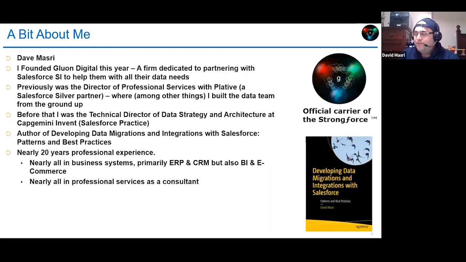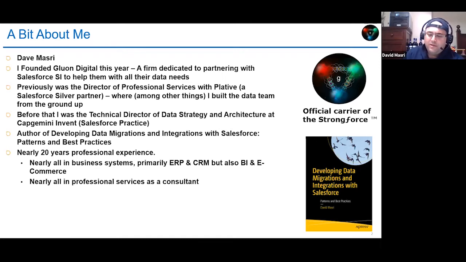So often this revolves around really complex data migrations or really complex integrations that may be involving other clouds like Azure or AWS. And sometimes we'll help them build a team. The variety of data services is heavily targeted towards working with Salesforce SIs and partnering with them.